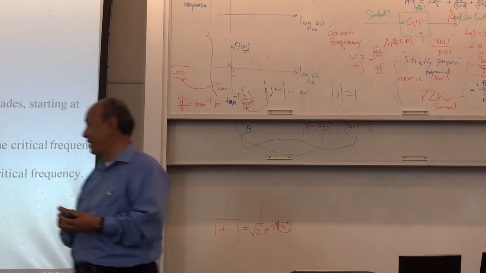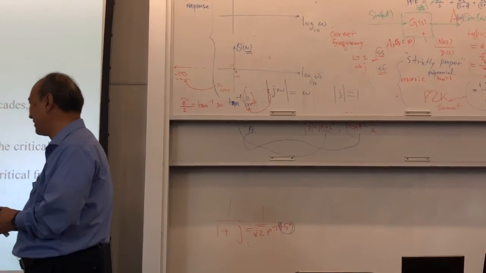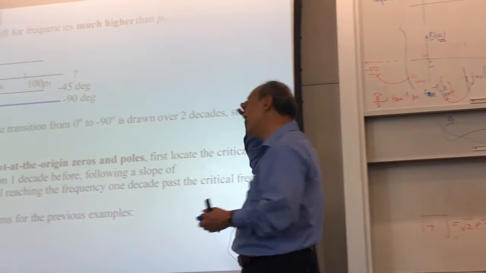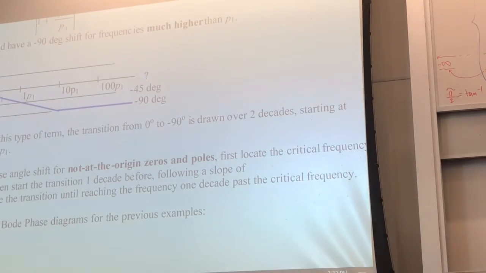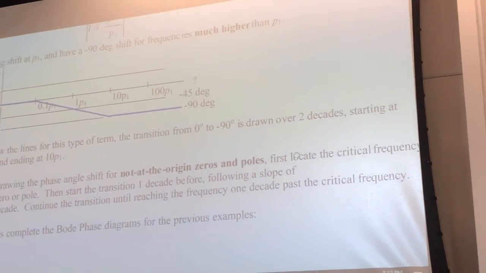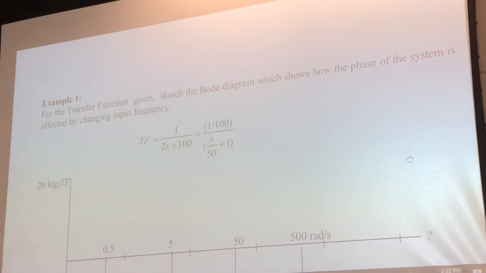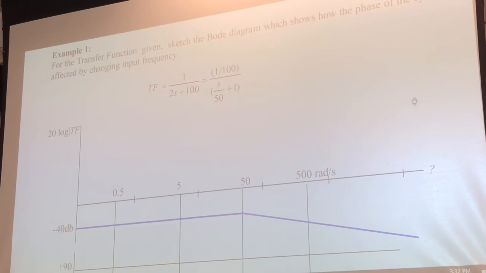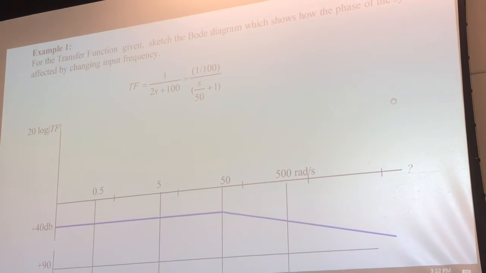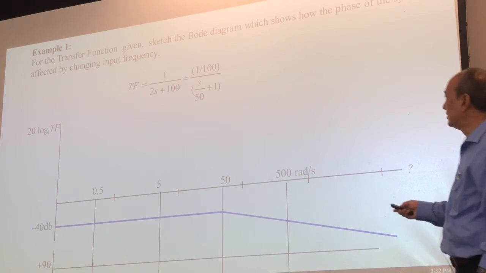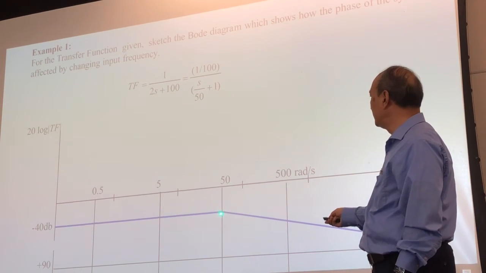So then we are almost ready to do a lot of interesting things. So we are going to complete the Bode plots for the previous example. So then this is the first example. This is only a pole, only one pole. So by doing that, you are going to see what we have. So at the corner frequency is 50.